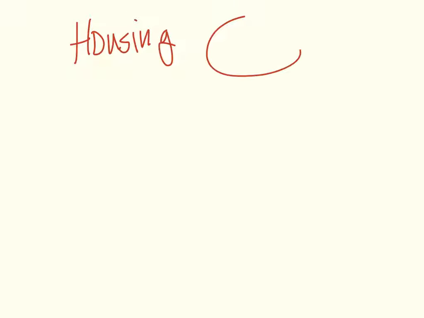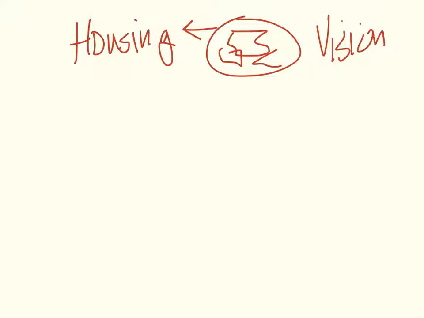The world, that's the world. The world needs housing. Okay? That might be our vision, or maybe you might call it your goal. Housing. An outcome, I'll do that in another color there.